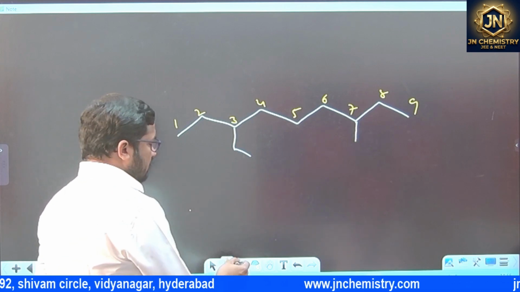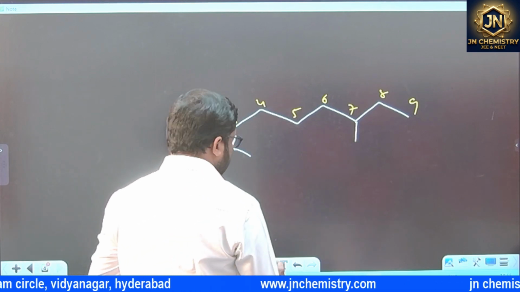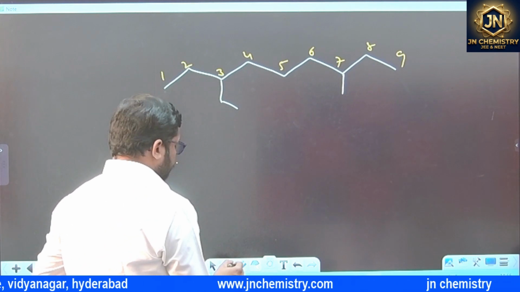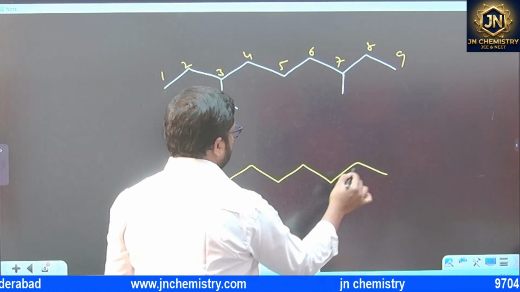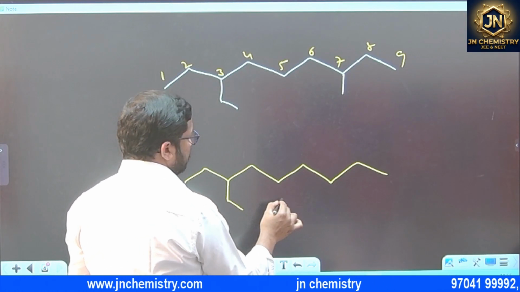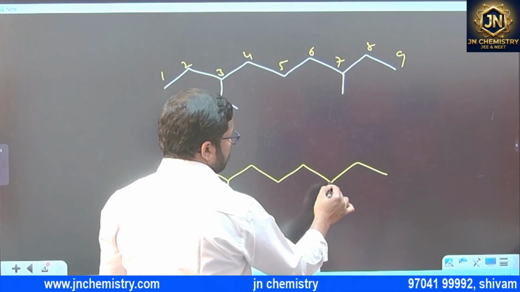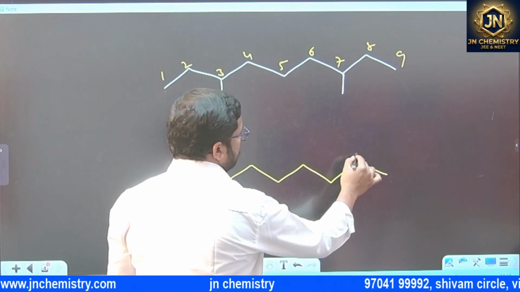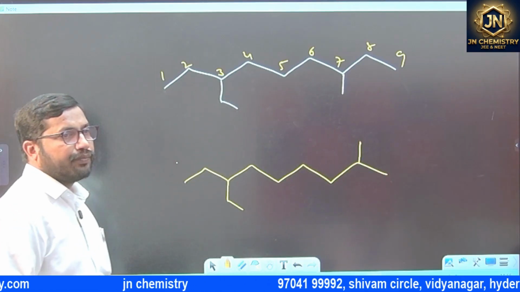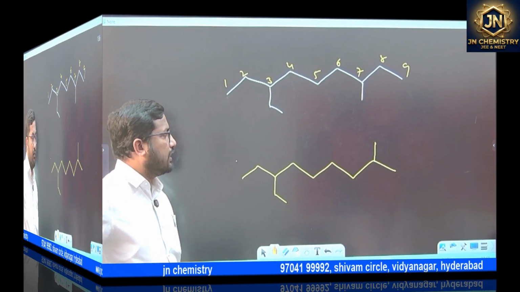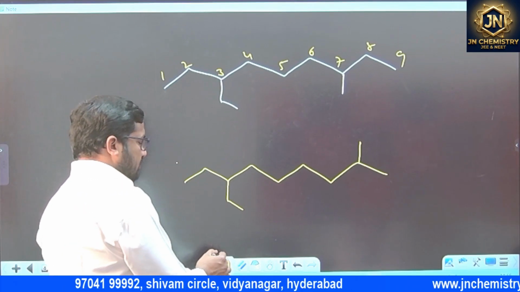For example, try to understand the same question, Nana. Here is the ethyl group, here is the methyl group. Now let me know where we have to start the numbering. Methyl. Why?